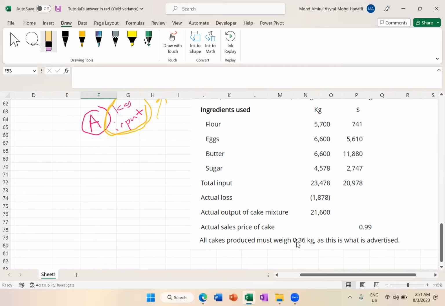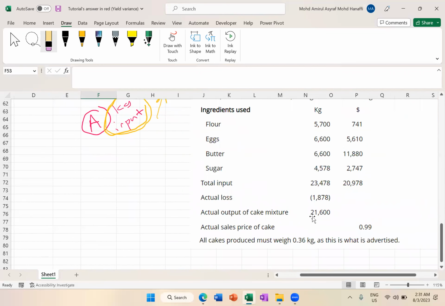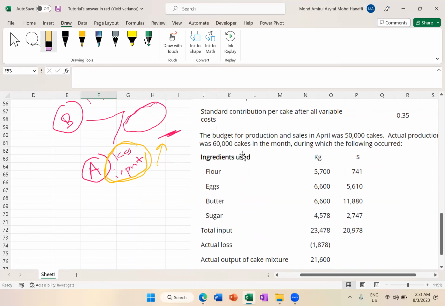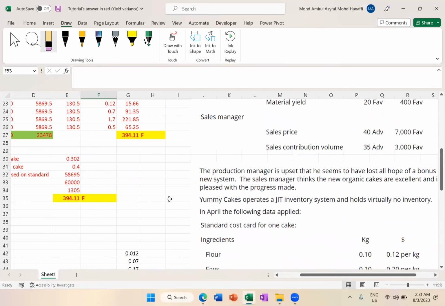And then the output, which is 60,000 cakes, has a weight of 21,600 kgs. Its weight is 21,600 kgs, but the number of cakes is 60,000. But you don't want this. You don't want the actual output in kg. You want the input, which is why I mentioned it earlier. You need the actual input, which is 23,478. Here.